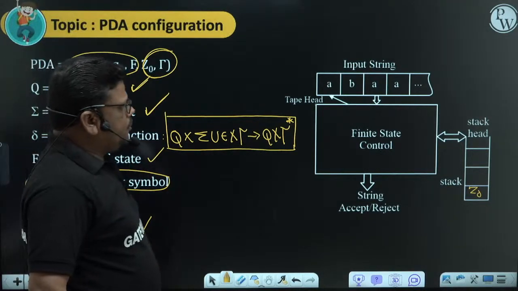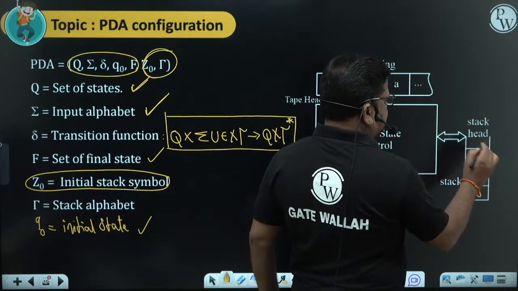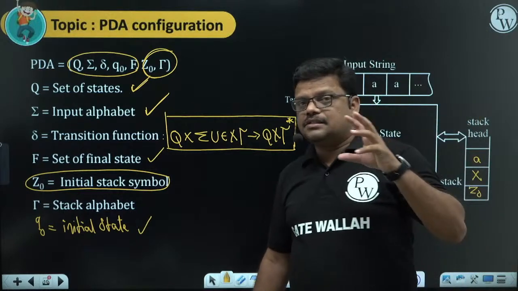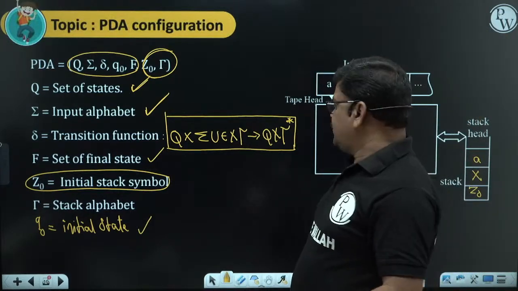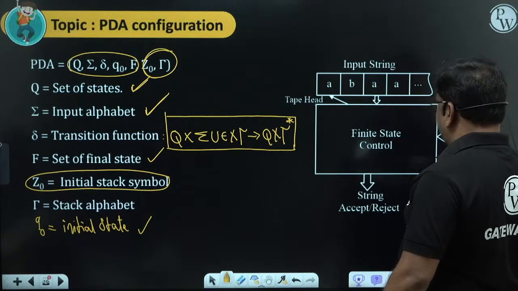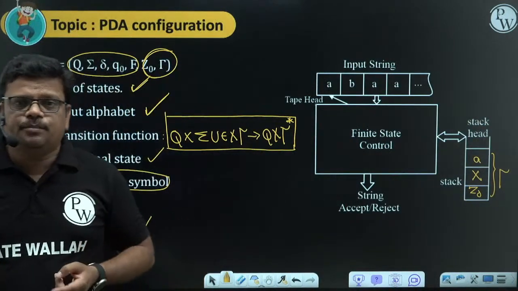And then we will push some elements into the stack, and we will pop from it. So finally the total set of elements present in the stack is called tau. Tau is the stack alphabet. What is the input alphabet? The symbols allowed into the input.